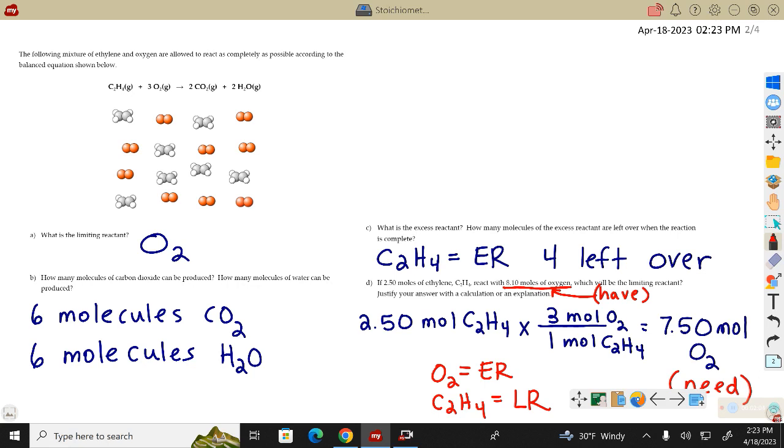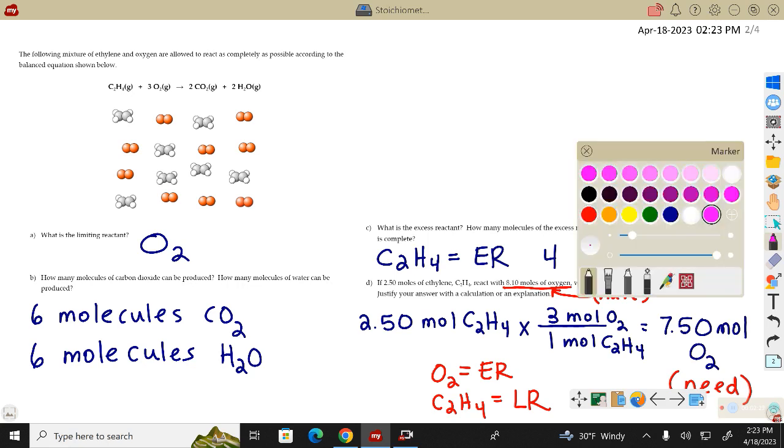Now in the next section, it's still the same concept, but instead of ham and cheese, we're looking at real molecules in a balanced equation. In this equation, I've got 1 ethylene reacting with 3 oxygen. Question A, what is the limiting reactant? Similar to the last example, I'm going to group my reactants together according to the ratio in the balanced equation.